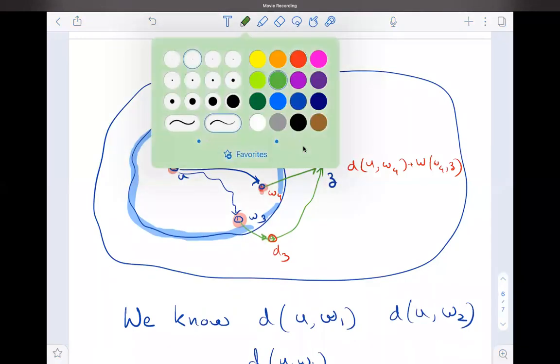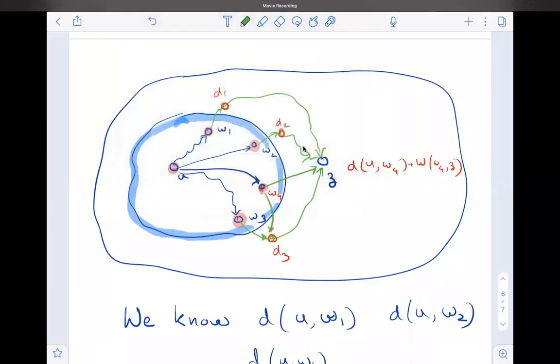Maybe for this vertex there's a path from here to here. So there's a distance, and this distance, which we will maintain, is the shortest distance between U and D3 using the vertices inside the blue boundary. At any point of time, we can maintain this.